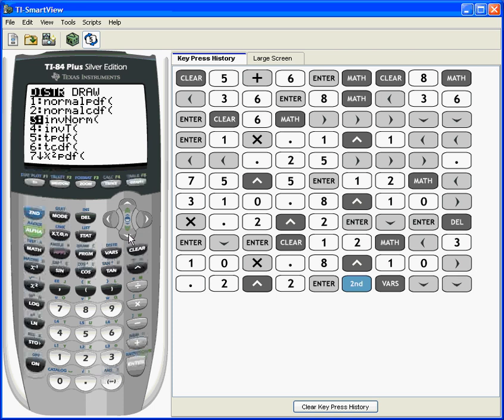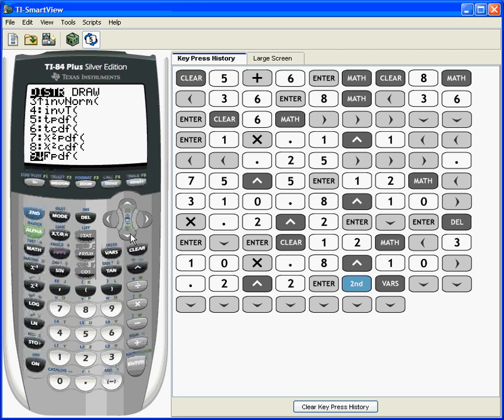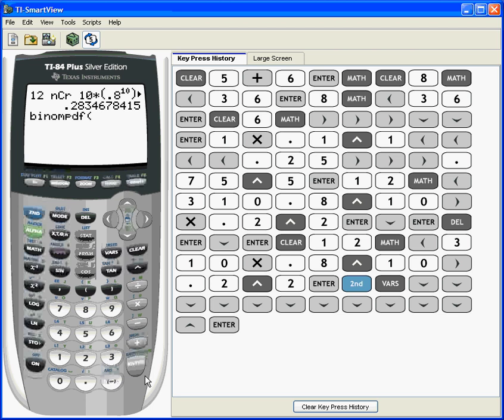If you arrow down, there you'll see binomPDF and binomCDF. When you're looking for just an individual value, choose binomial PDF, which is the probability distribution function. And press enter, and that brings it to the normal screen.